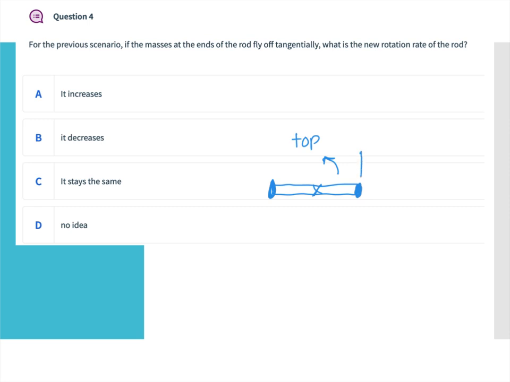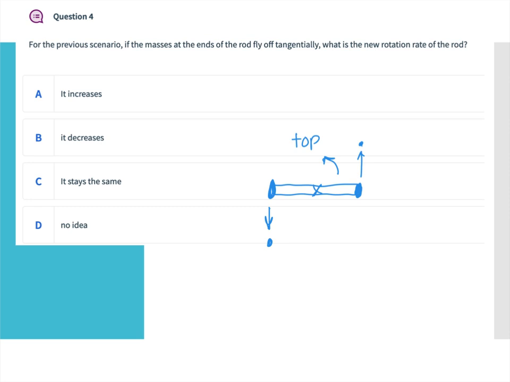So this one will fly this way, this will fly this way. A lot of times the instinct is, well, because we've lost the mass, the rod's rotation rate will increase because it'll have less inertia. But the problem is that the mass and the rods represent a system.